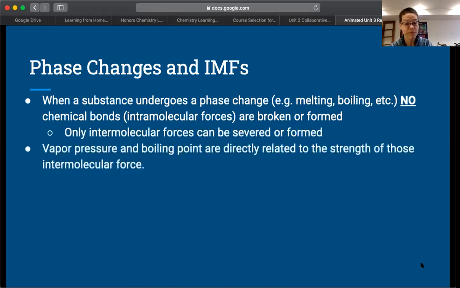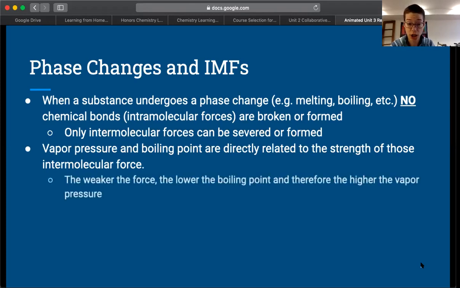So we already talked somewhat about vapor pressure, and boiling point is related to how strong those forces are. So weak forces means you have a low boiling point because it is easy to boil. If you have weak forces, it's easy to pull them apart into gases. And if it's easy to turn it into a gas, that means you also have a high vapor pressure.